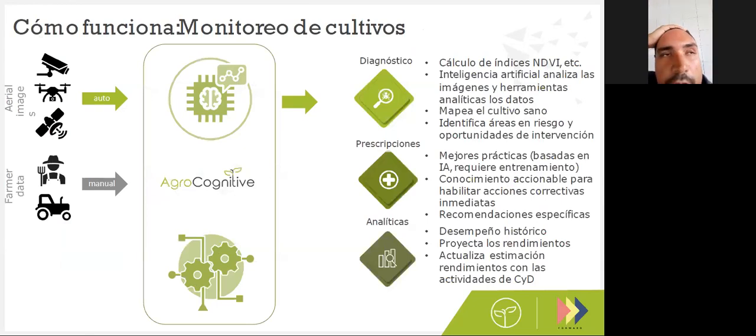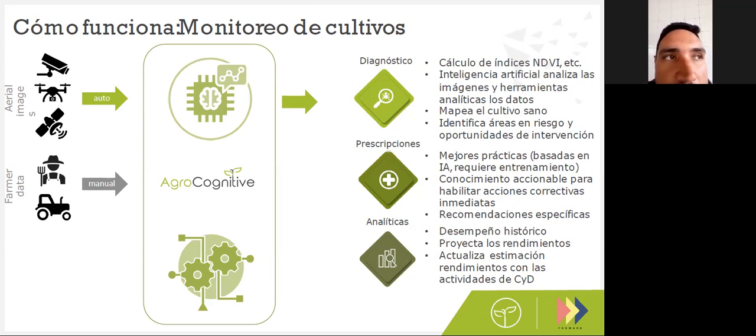Okay, crop monitoring is very easy. We have farmer data and aerial images, and with this data we have the diagnosis of indexes, for example NDVI. We have prescriptions, and analytics with best practices for farmers, because this technology is not too expensive.